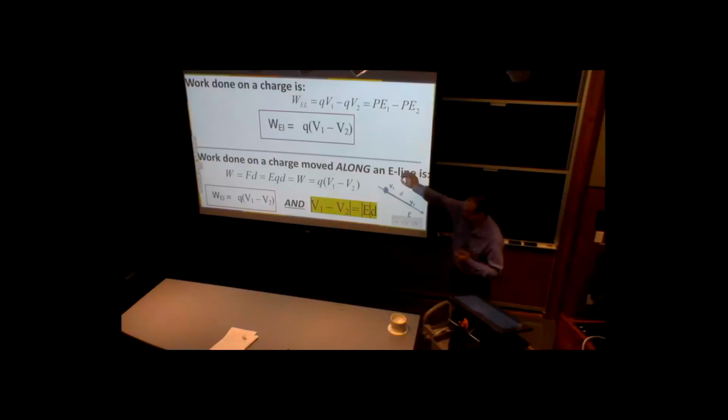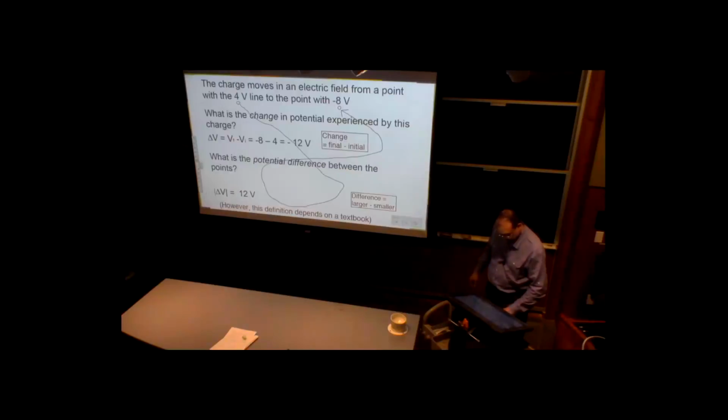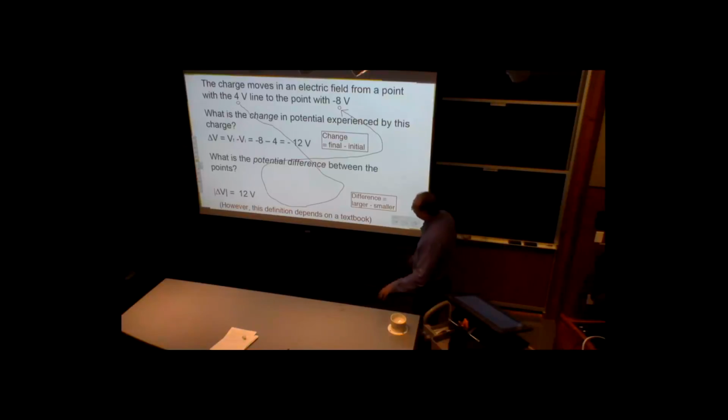Imagine a positive charge released here, it should be traveling along the field from high potential energy to low potential energy. So the electric field points from higher potential to a lower potential. These are rules. This is not a question.